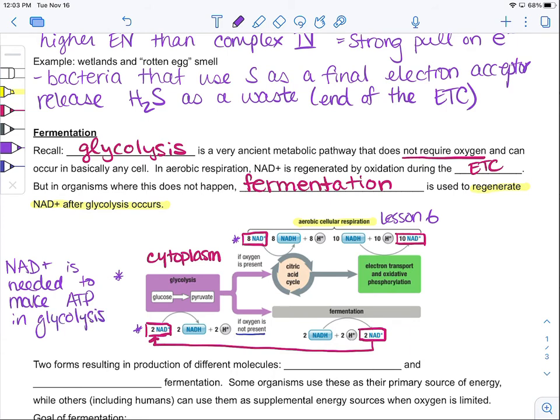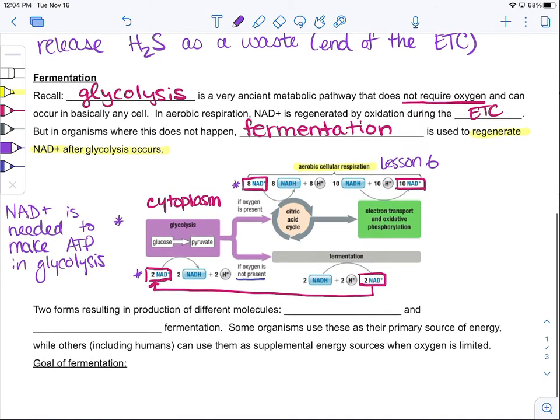If I'm missing a reactant in chemistry, there's no way for that reaction to continue to go on. We need that NAD plus to be part of glycolysis, otherwise we're not going to get those 2 ATP net that we've been talking about. So the whole goal of all of these fermentation steps that I'm going to show you, starting below and then going into the next page, is just regeneration of NAD plus.